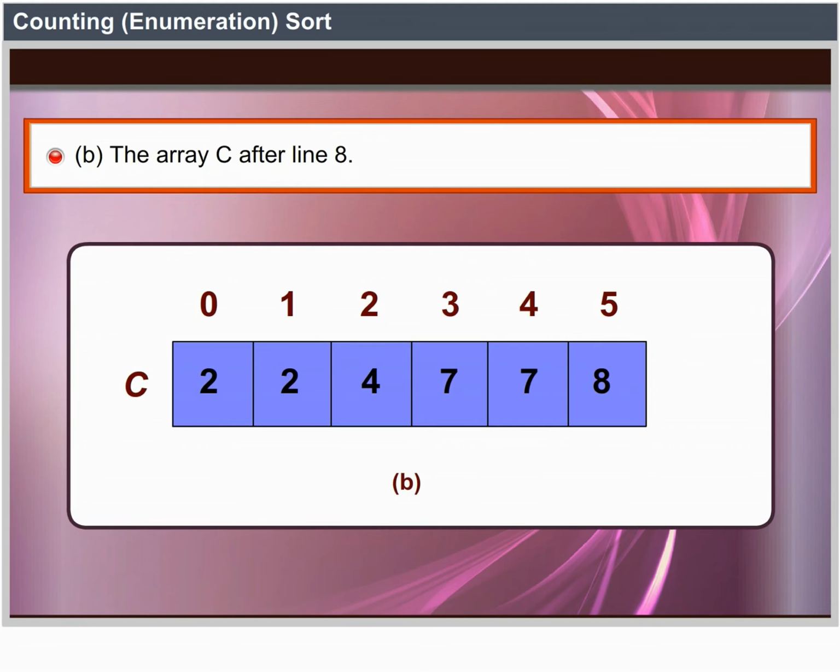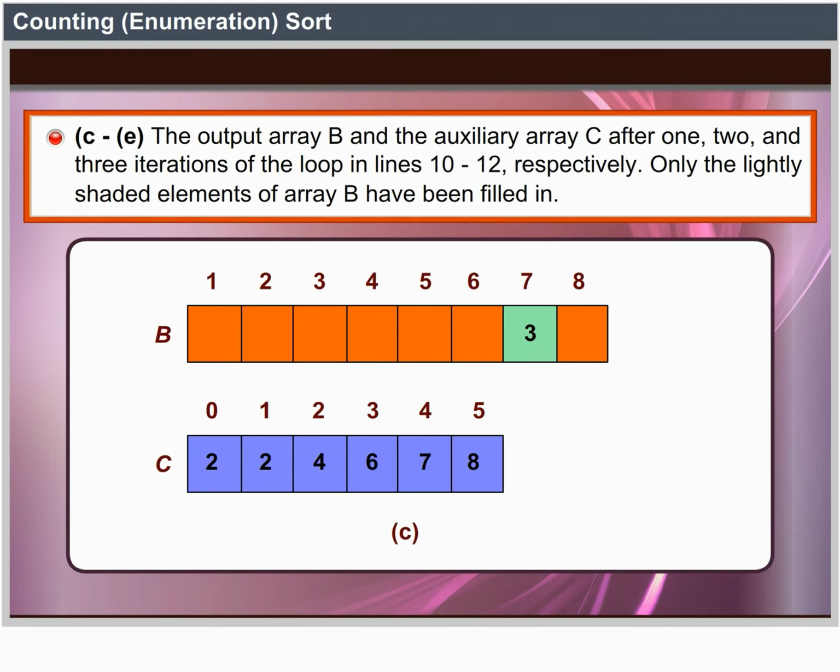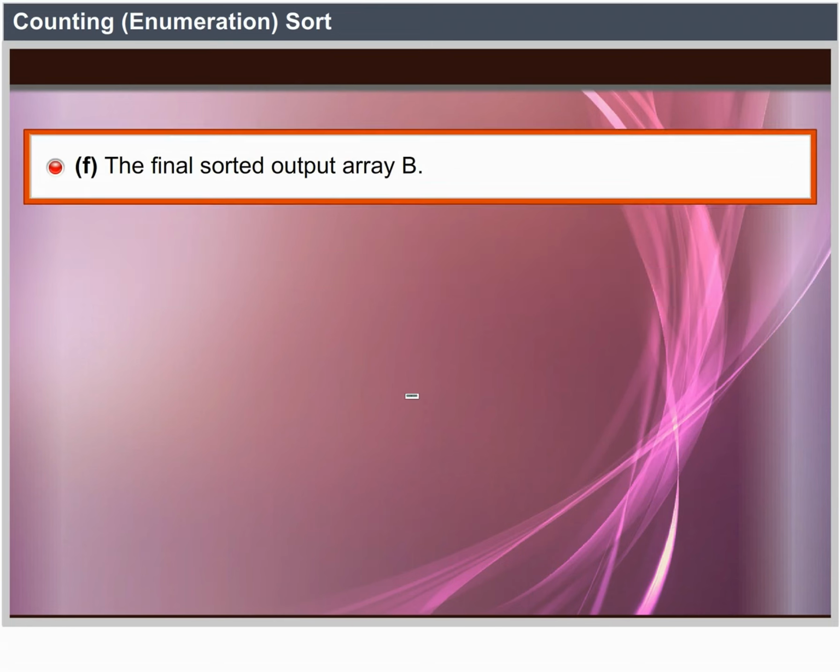Figures C to E show the output array B and the auxiliary array C after 1, 2 and 3 iterations of the loop in lines 10 to 12 respectively. Only the lightly shaded elements of array B have been filled in. Figure F shows the final sorted output array B.